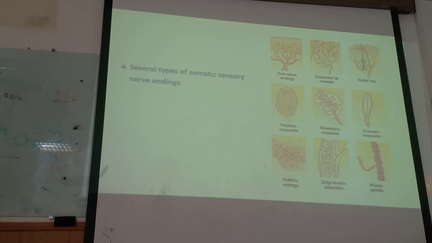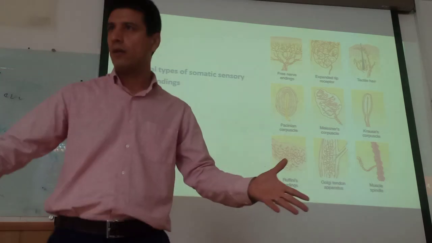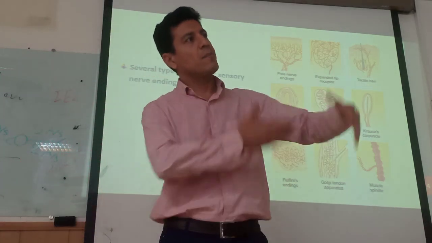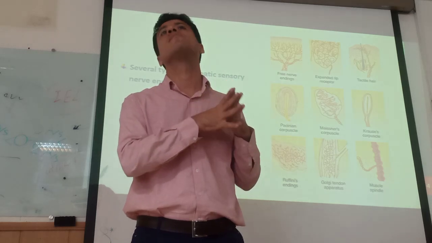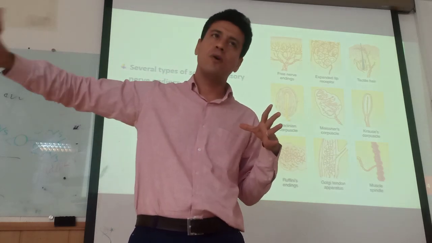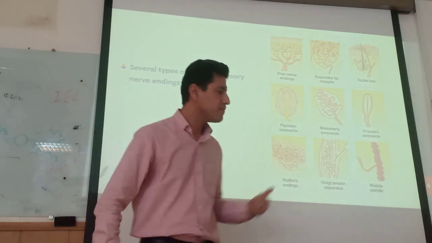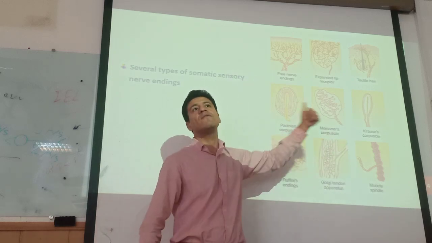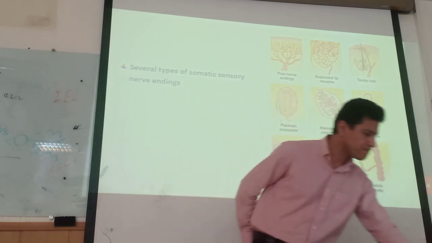But for somatic sensation, we don't have a special organ. Receptors are all over the skin, joints, bones, and muscles. So these types of sensations are called somatic. These are receptors involved in somatic sensation.